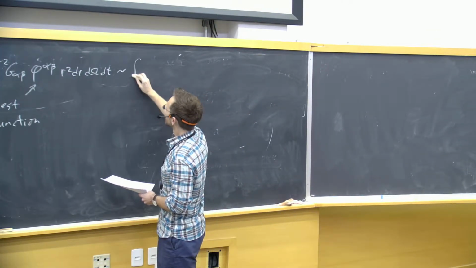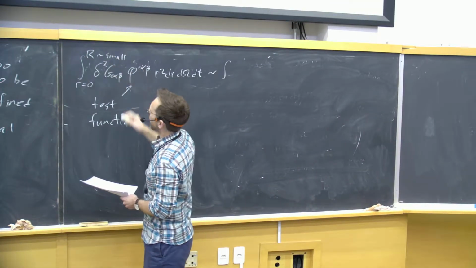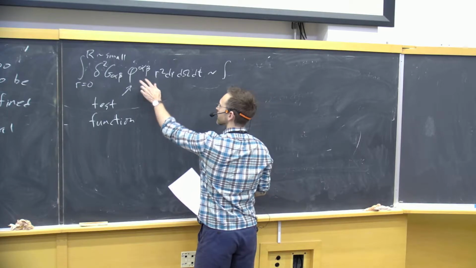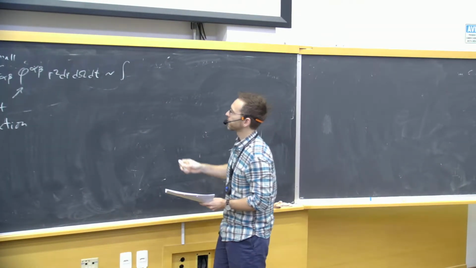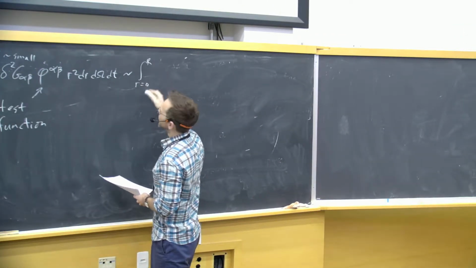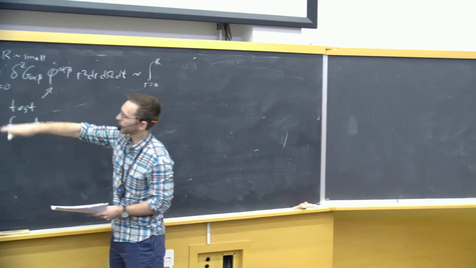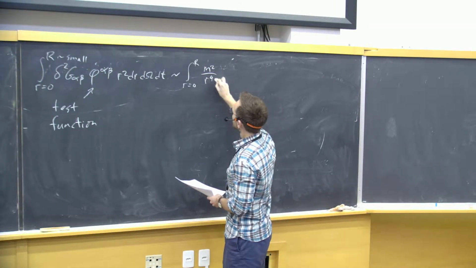So if R is small, we can always make it small by making the support of the smooth test function as confined as we want it to be. Then we can replace this with its leading approximation, which is m squared over r to the 4.